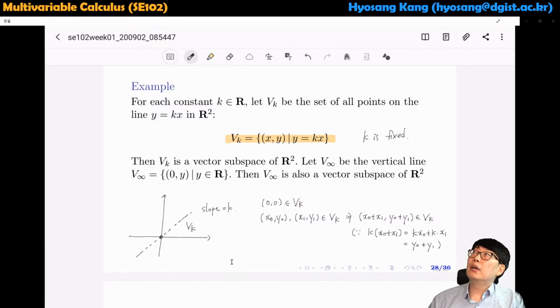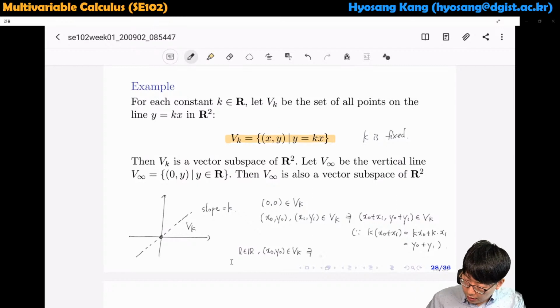What's another rule? Scalar multiplication. So let's say we have L as a real number and (x0, y0) lies in Vk.